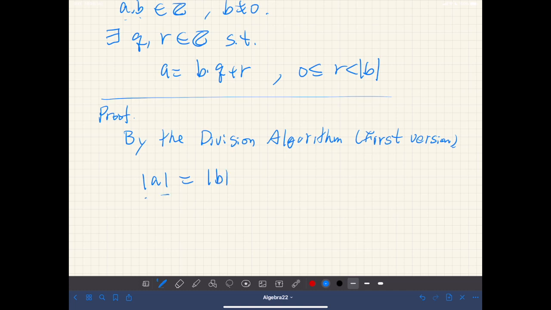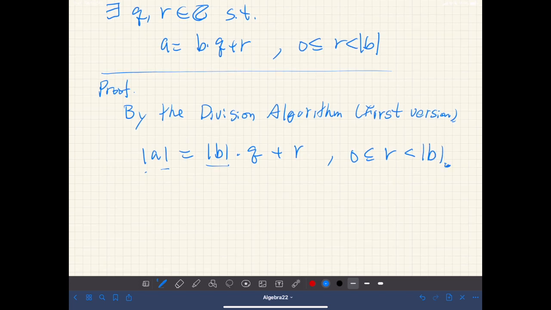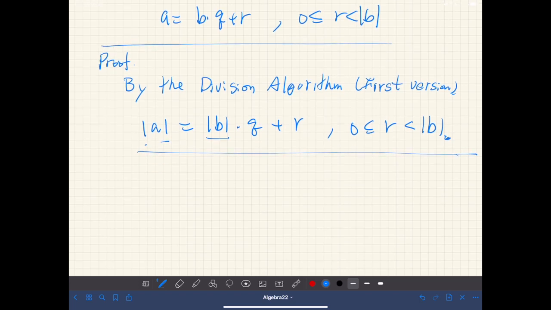So this one is a non-negative integer and this one is a non-negative integer. So there exist q and r such that this equation is true and r is between 0 and the modulus of b. Okay, so far so good. We just apply the previous version of the division algorithm.